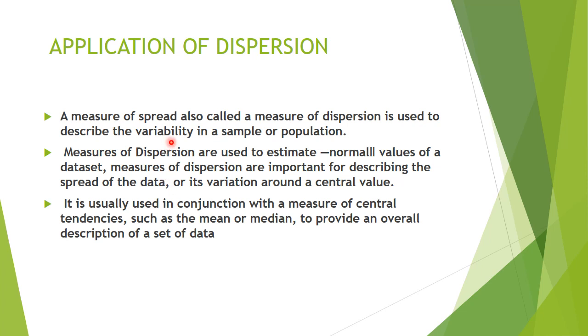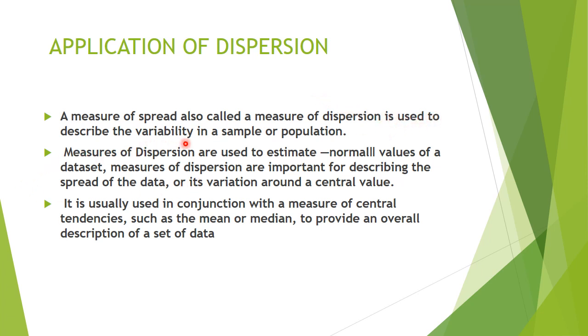Next is the application of dispersion. A measure of spread, also called a measure of dispersion, is used to describe the variability in a sample or population. Measures of dispersion are used to estimate normal values of a data set.